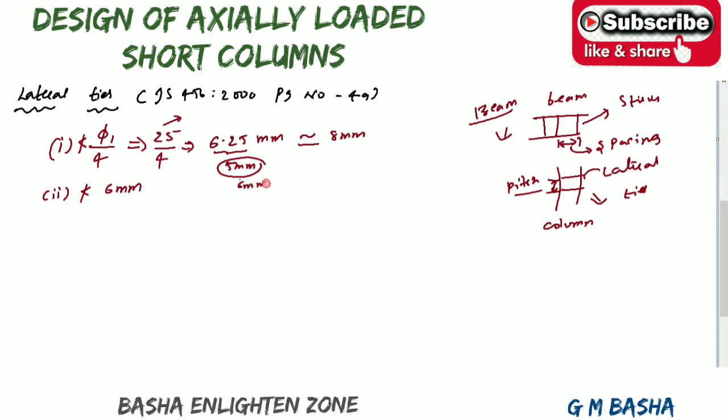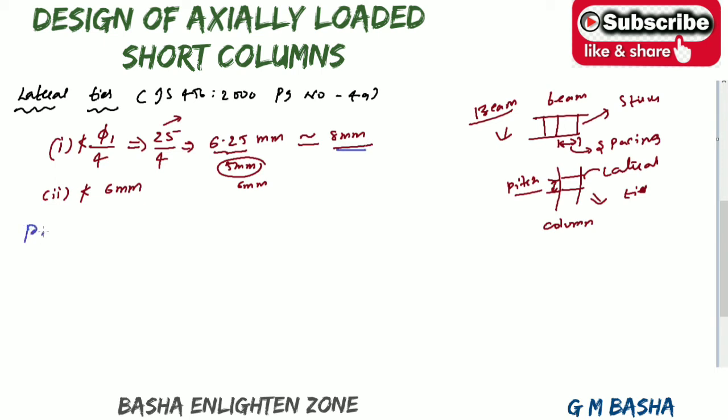Whenever you get a value below 6 mm, provide minimum 6 mm in that column. If it is greater than 6 mm, go to the next bar available in the market, which is 8 mm, and provide that lateral tie in the column.